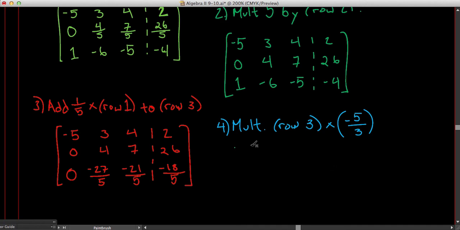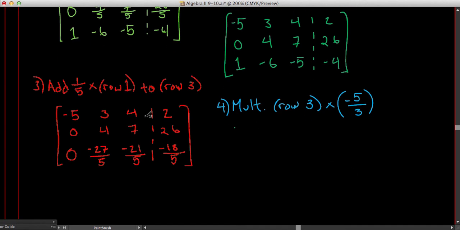Okay, so if I do that, I'll be left with the same thing in the top 2 rows, -5, 3, 4, and 2, and 0, 4, 7, and 26.